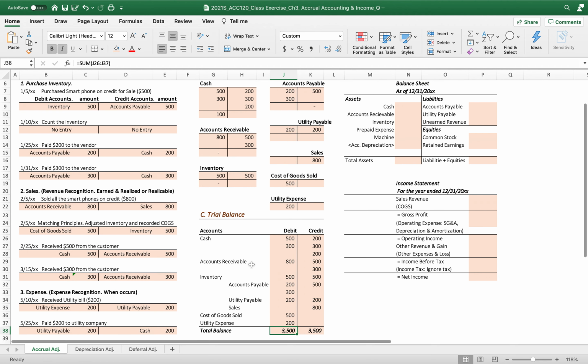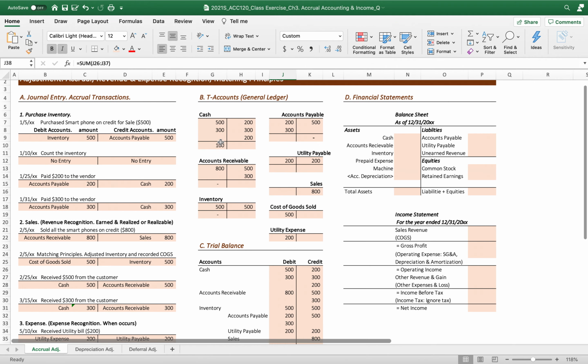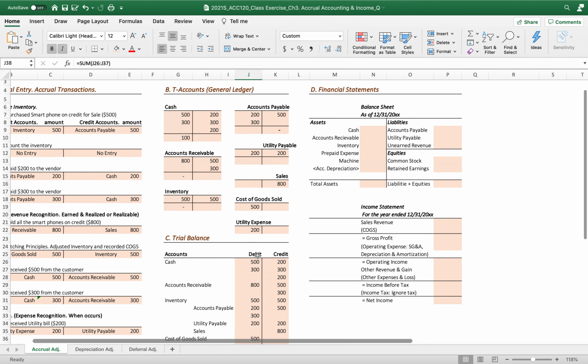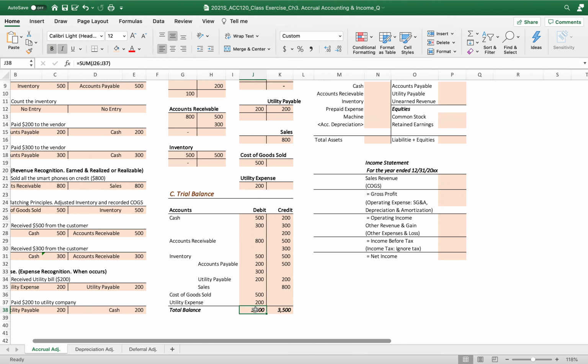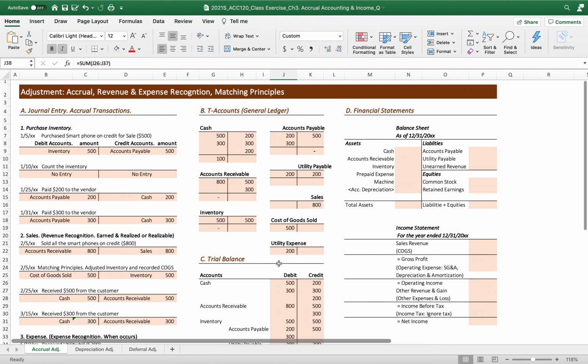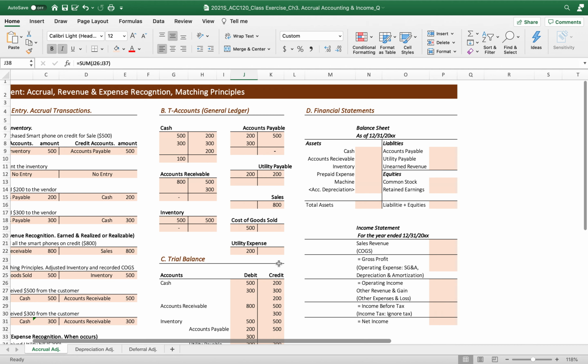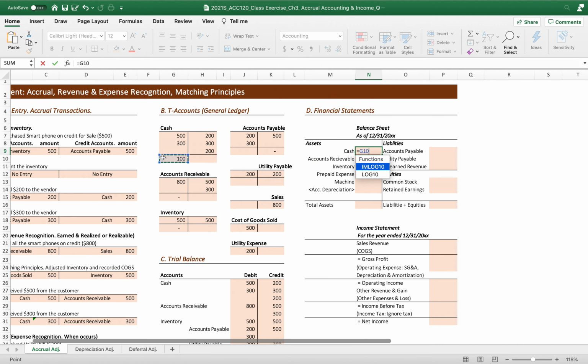And one more thing, as you can see, there's no negative account in the trial balance or T accounts or journal entry. There's no negative, so you have to keep it in mind. Now, once we've made sure that all the debits and credits in the journal entries are recorded precisely, we can take the balances from the T accounts.